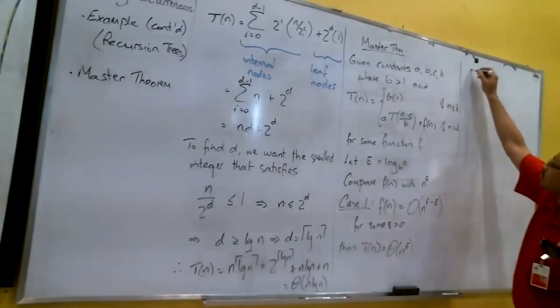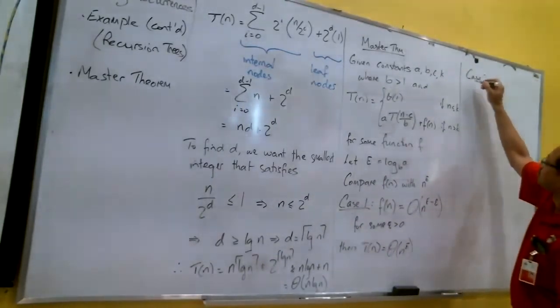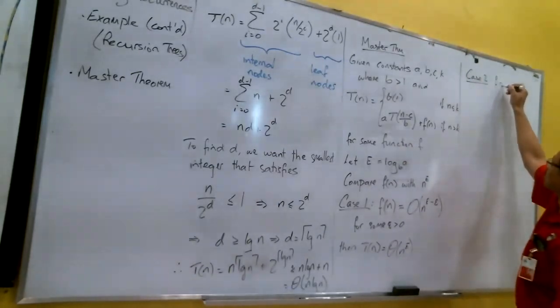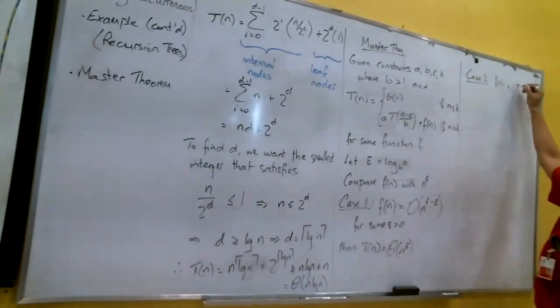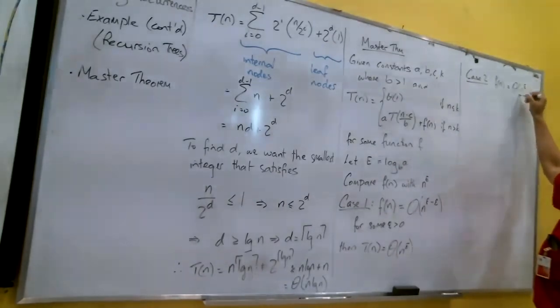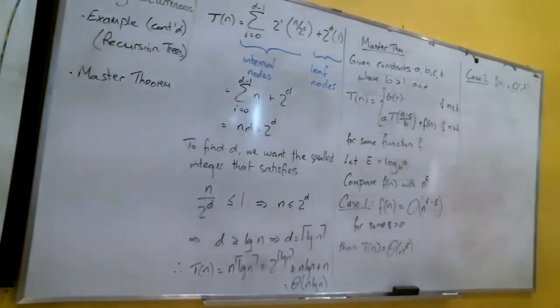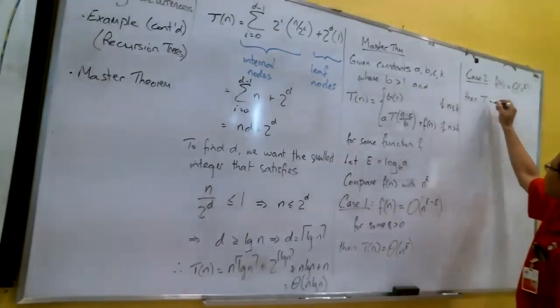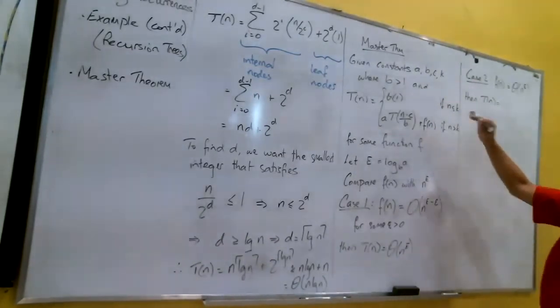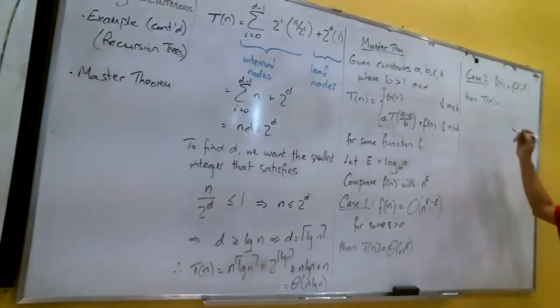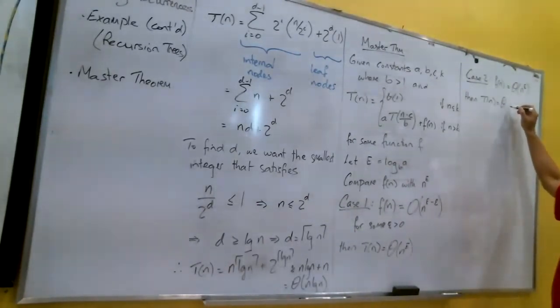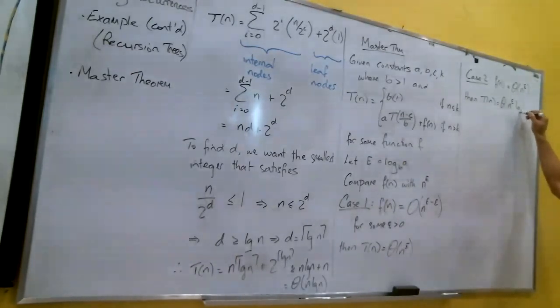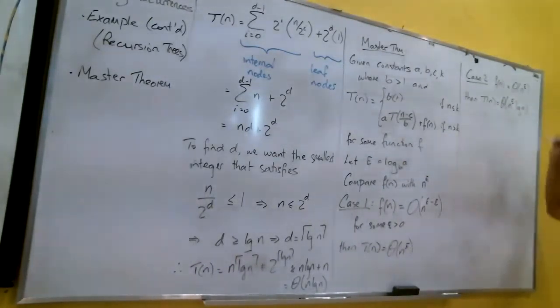Second case. They're the same. Same order of growth. Then the function that you're trying to figure out, T of n, has an order of growth equal to whatever the cost of the leaf is times a log factor, log n.